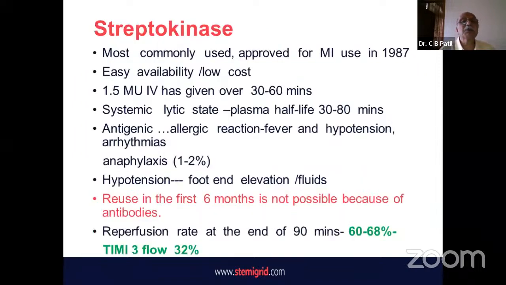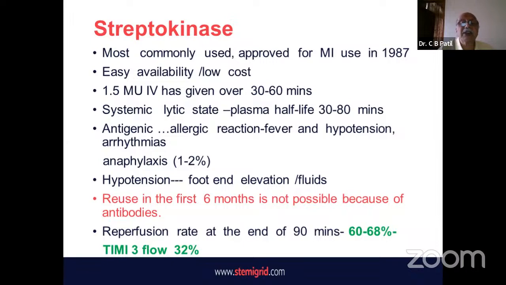So streptokinase is most commonly used, approved for MI use in 1987, easy availability, low cost, 15 lakh units given over 30 to 60 minutes in 100 ml of saline. Systemic lytic state, plasma half-life is 30 to 80 minutes, but it is antigenic.